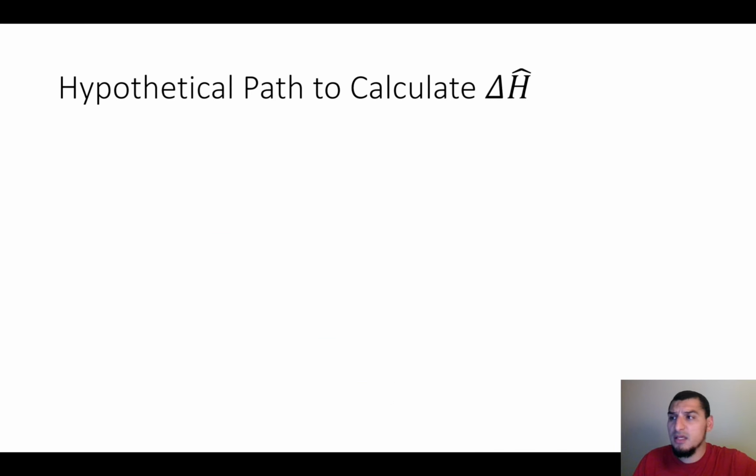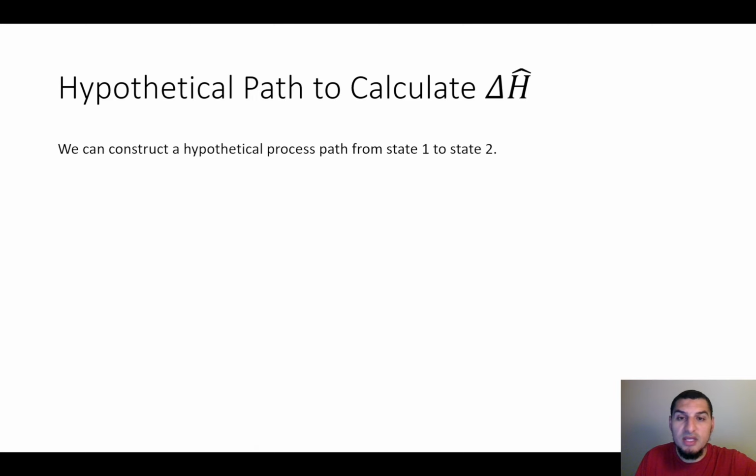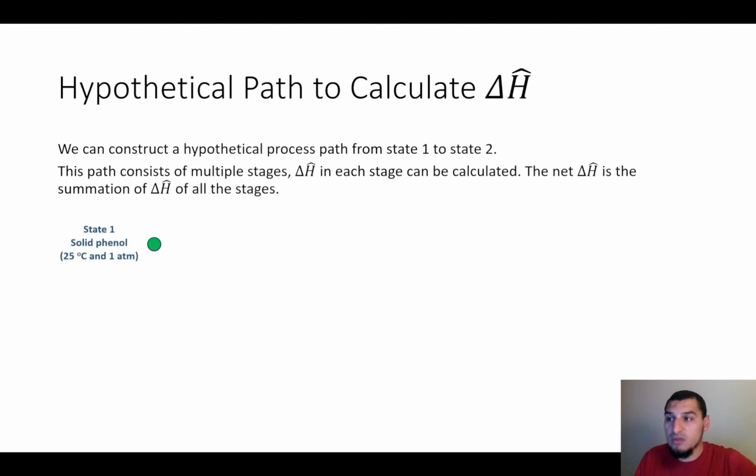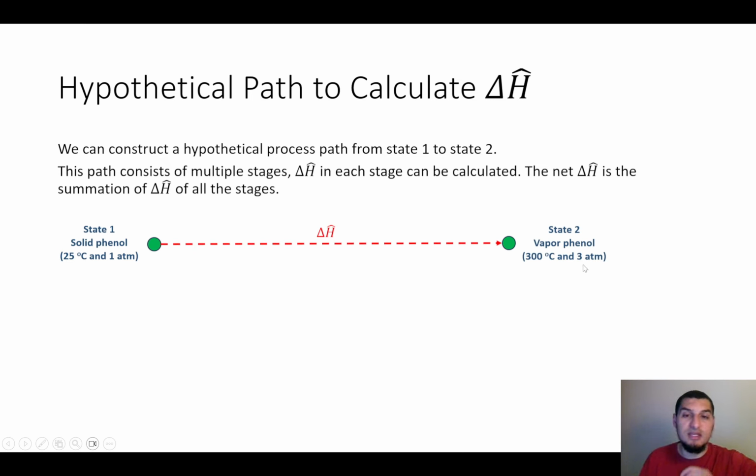Knowing that enthalpy is a state property, we want to calculate delta H. So to calculate delta H, we have state 1, which is the solid phenol at 25 Celsius and 1 atmosphere, and then we have the vapor phenol at 300 Celsius and 3 atmosphere, and we want to calculate this delta H. Since this is a state property, we don't care about the path that we take from here to there.